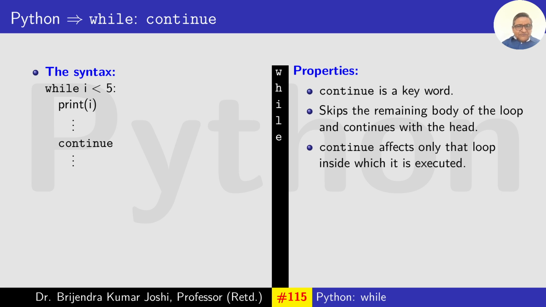Continue is also a keyword, so we cannot use it for any other purpose. Continue skips the remaining body of the loop and continues with the head. Just like break, continue affects only that loop inside which it has been executed.